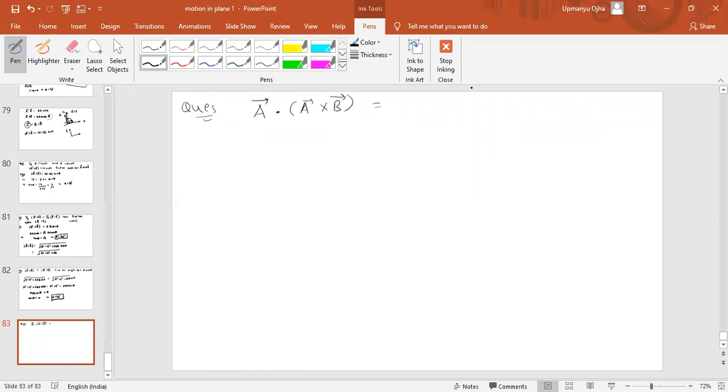Anirudh, your answer is 0. Why did you get 0? Everyone is getting A square B square sine theta like this. You are getting 0. Why? You wrote 0, so why is it 0? Tell me.